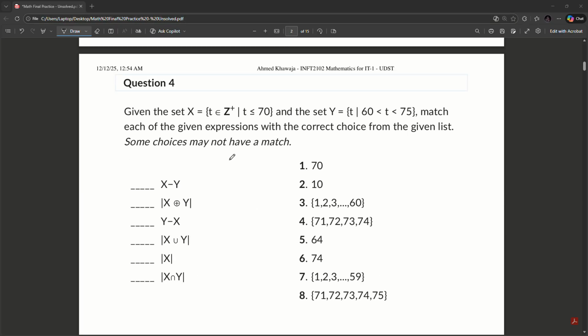Now, for this one, this is a bit of a long one, but okay. It says set X is equal to any positive integer that is less than or equal to 70, which means it is 1, 2, 3, 4, and so on up until 70.